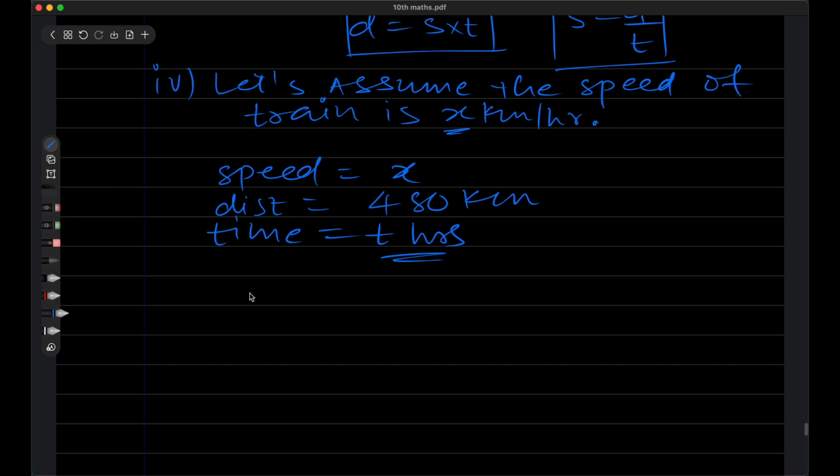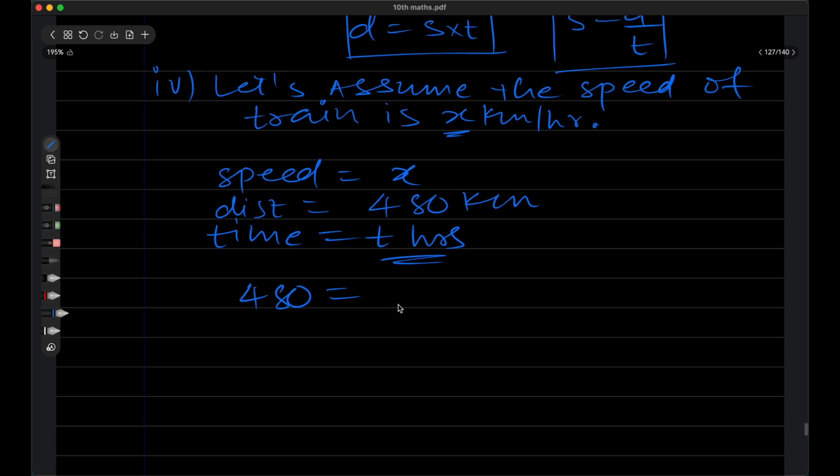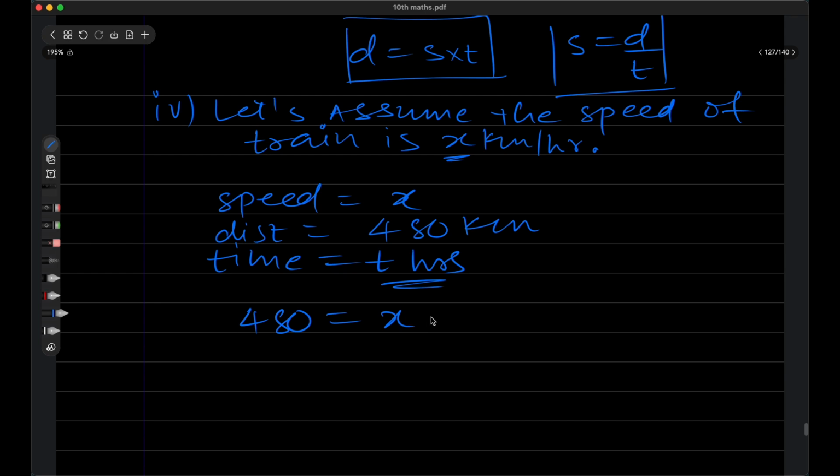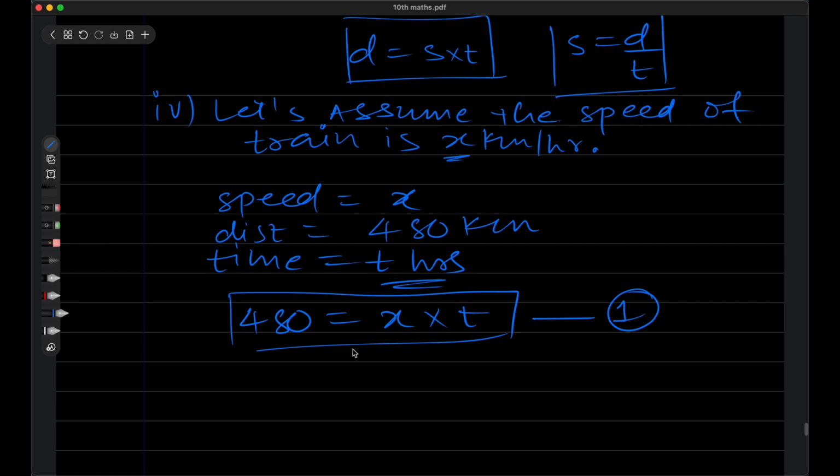We can make the equation, that is distance 480 equals speed into time. Speed is x into time is t, which is the first equation. Making t the subject from the equation, we have t equals 480 upon x.